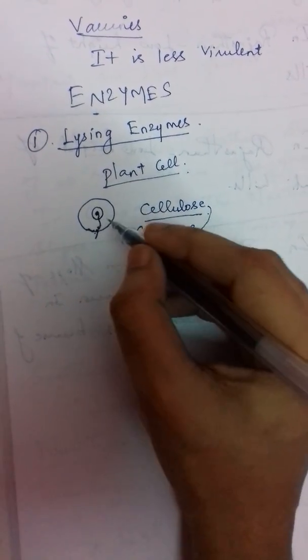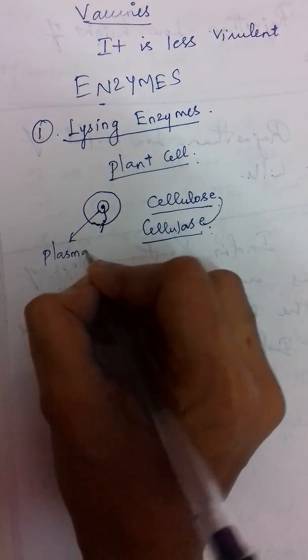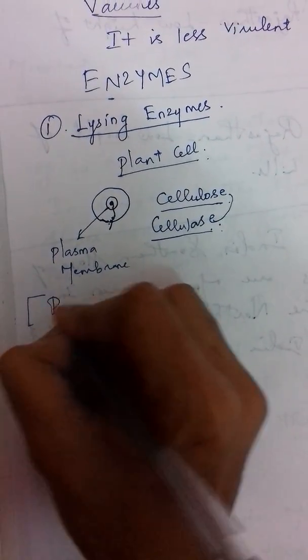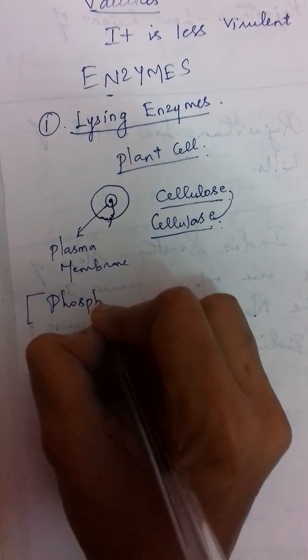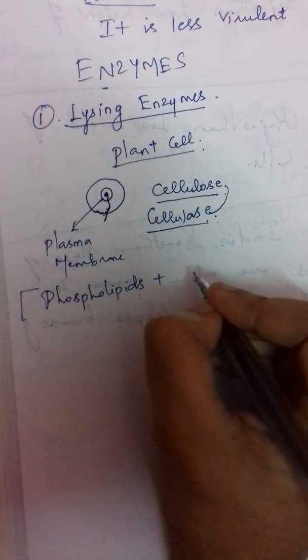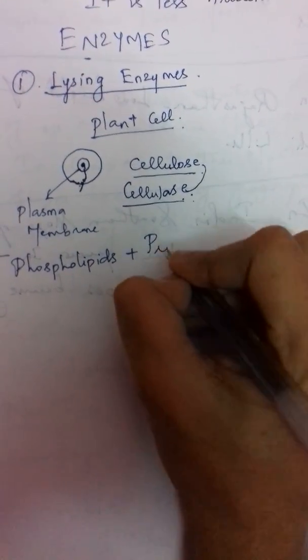Then the plasma membrane. You know that a plasma membrane contains phospholipids and proteins, plasma proteins.